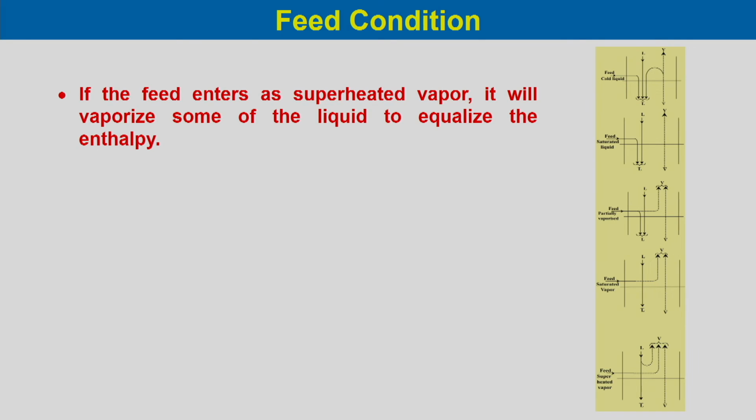Now, let us consider the second case. If the feed enters as superheated vapor, that is, above its dew point, it will vaporize some of the liquid to equalize the enthalpy, as shown over here. So, what will happen, because it is vapor and also at a very high temperature? The liquid which is coming down will also be partly vaporized, and it will add to the vapor flow coming from the tray below.